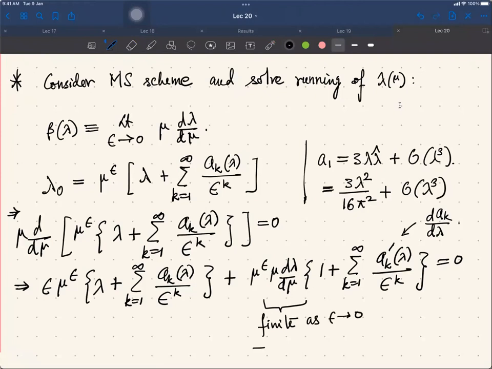And therefore I should be able to do a Taylor expansion. If you did the Taylor expansion, then mu d lambda d mu at epsilon equal to 0 is what I defined as beta of lambda here. And then the next term will be epsilon times another function, beta 1 of lambda. That is the definition of beta 1, which is basically the epsilon derivative of mu d lambda d mu at epsilon equal to 0.